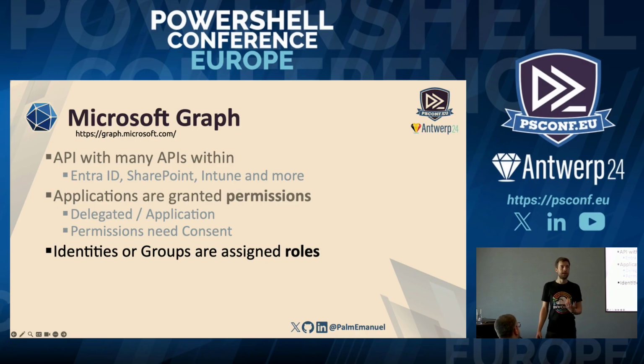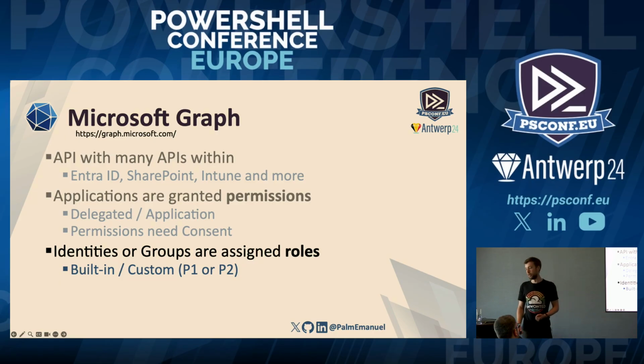So I can be an application administrator, or a global administrator, or user access administrator, or those types of roles. And those have individual permissions within those roles too. You can have either built-in roles, the ones I mentioned, for example, or custom roles if you have P1, P2 licensing, which you probably do. And then you can build custom roles in Entra or in Graph with specific permissions.